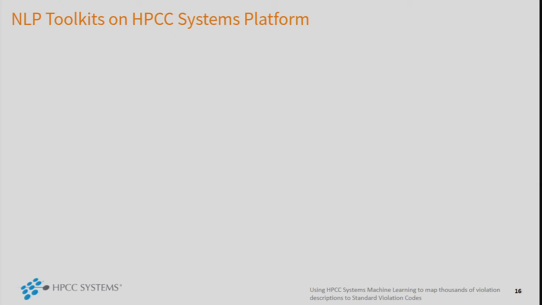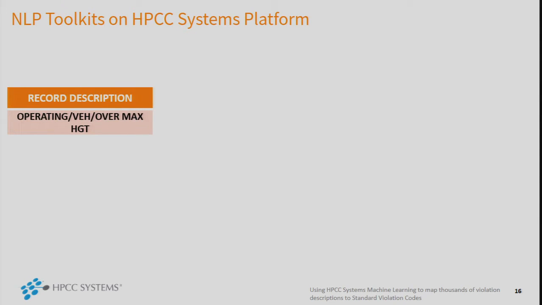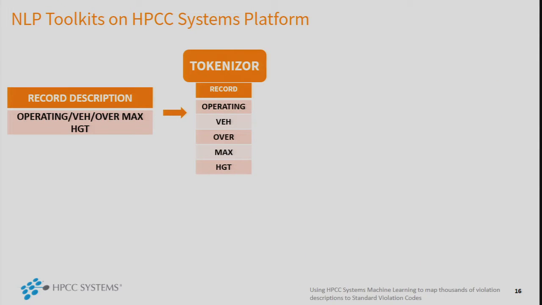For my project, I'm using NLP to process the textual data in MVR. So we have the idea of using NLP, and the tool we are using is from our system. It's all built in. For example, in the first step, we use a tokenizer to tokenize the records into terms. One example is "operating VEH over max HJT," and we tokenize it into 5 terms: operating, VEH, over, max, HJT.